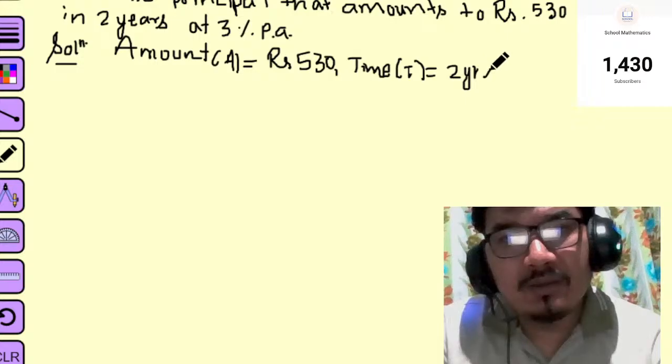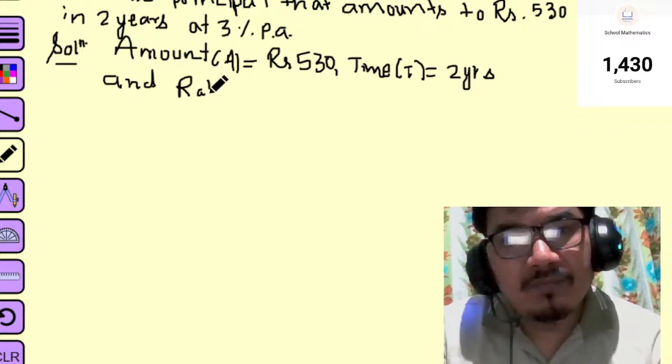Mention like this, and the next value is the rate of interest. Shortly we write rate, and we can write the full rate of interest. Rate of interest is given as 3% per annum.